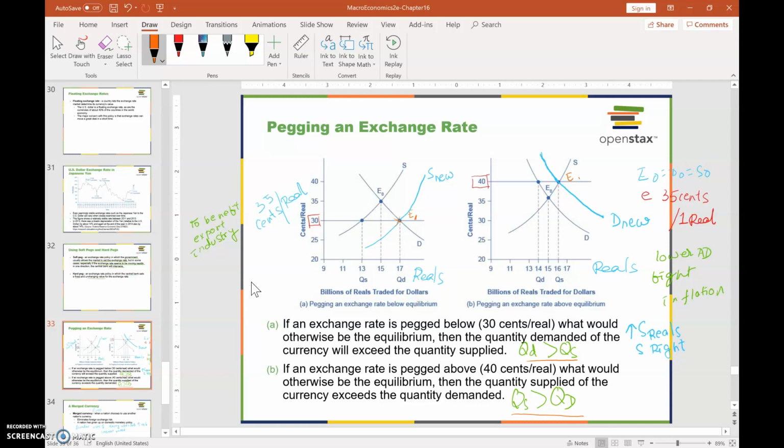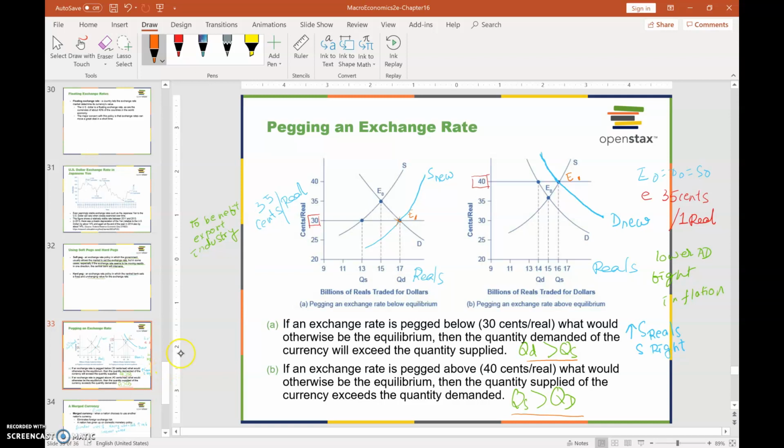They do it by shifting the demand curve to the right. So definitely I have this pegged currency at 40 cents per real, which is greater than the equilibrium currency of 35 cents per real.